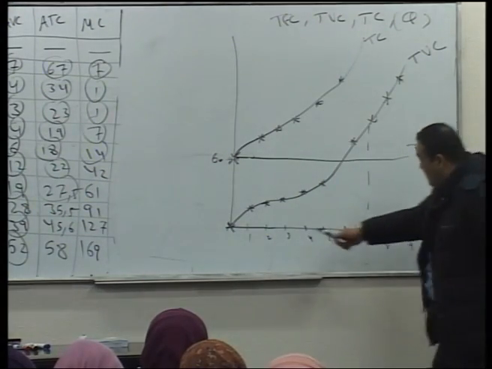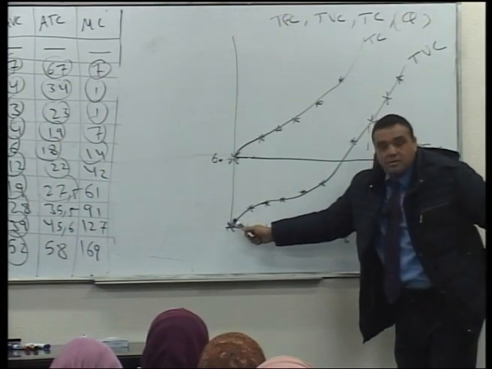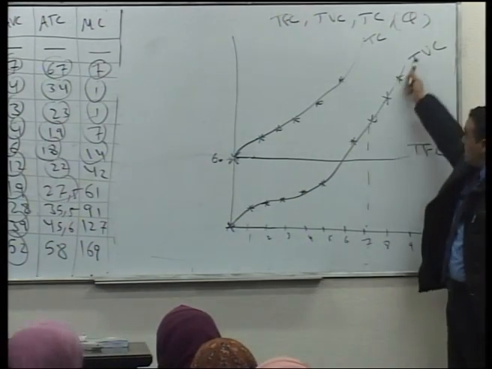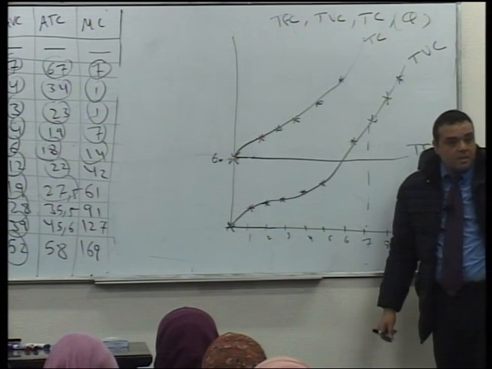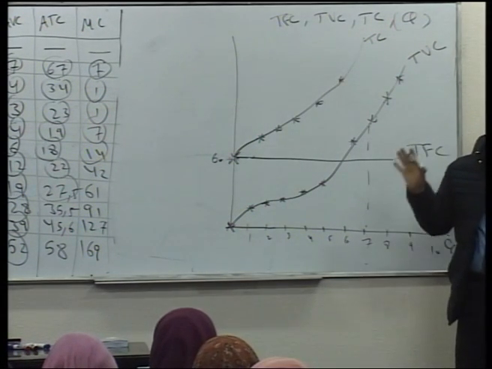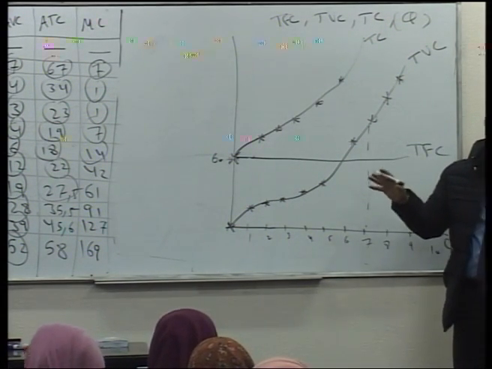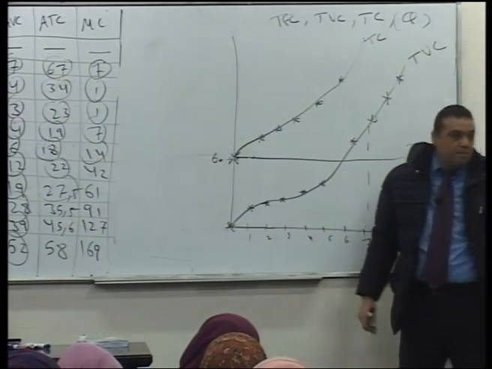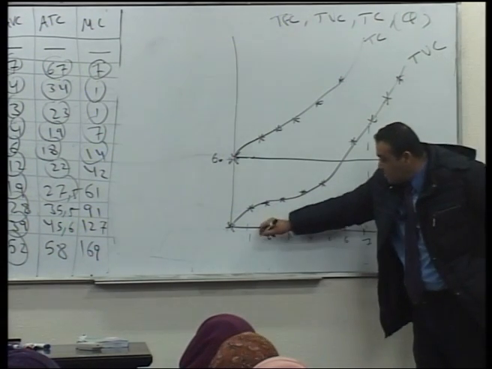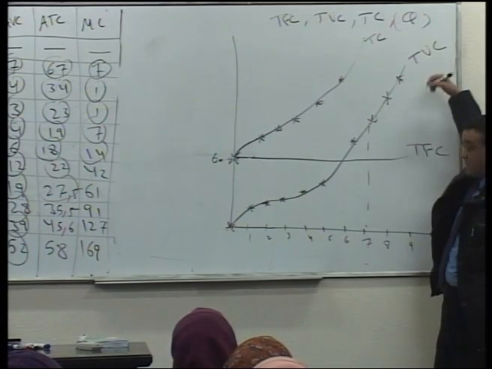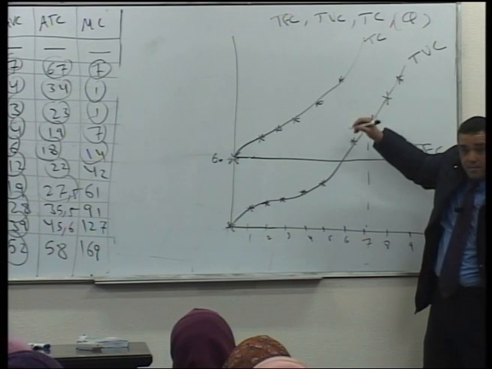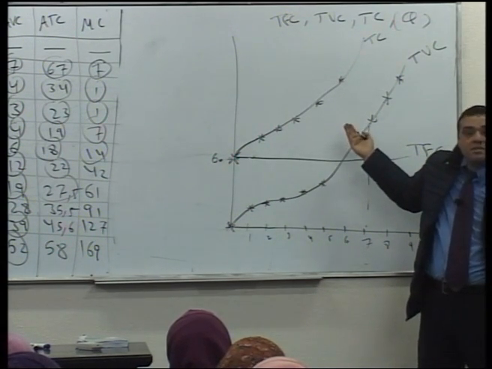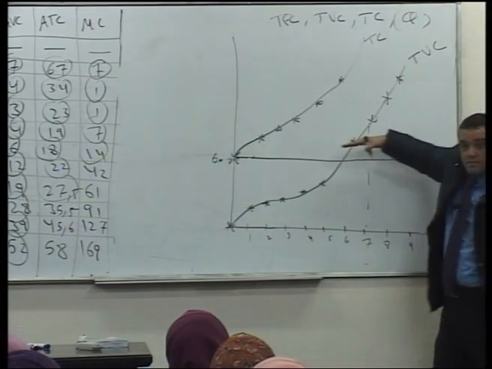What do you see? TVC curve, TVC starts from 0 and increasing, which means in the short run, if the quantity produced equals 0, the total variable cost will be 0 as well. As the quantity increases, the total variable cost is increasing as well, right? What about the total fixed cost? It's fixed.